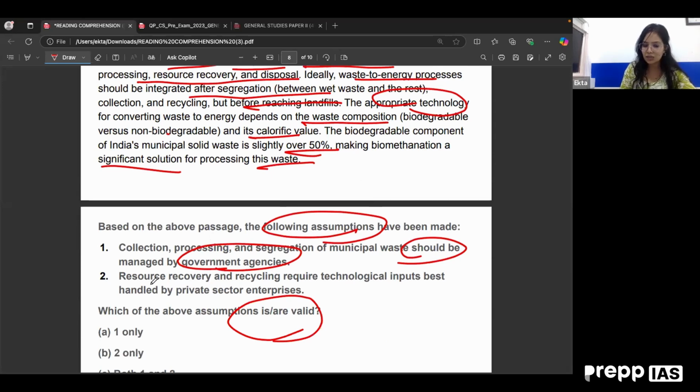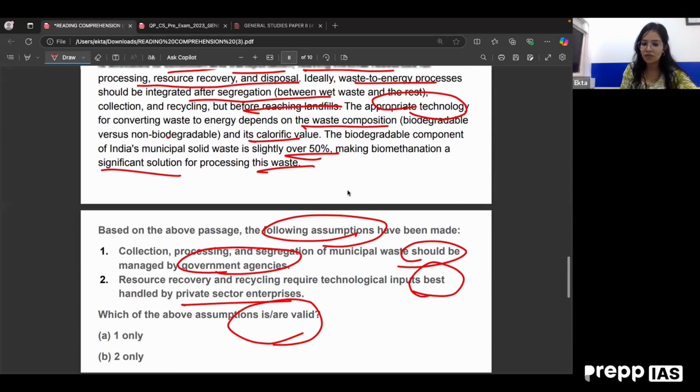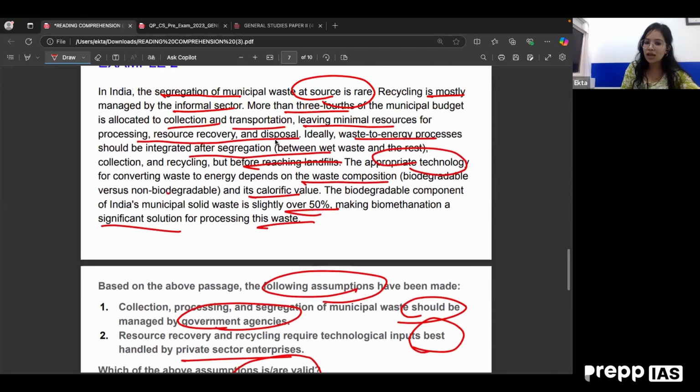For instance, the second statement, resource recovery and recycling, they require technological inputs best handled by. अगर ऐसा कुछ author assume कर रहे होते then he would have mentioned it somewhere कि recycling में, जब इन्होंने recycling की बात की, he would have included a line on private sector.